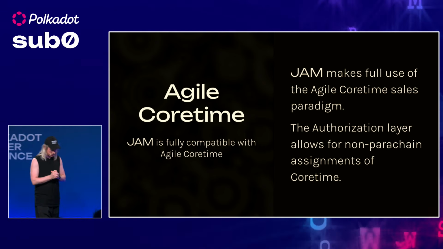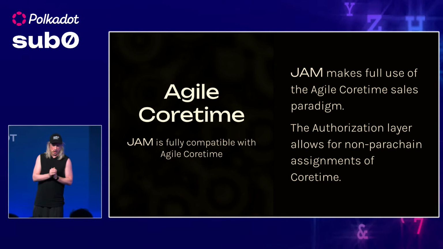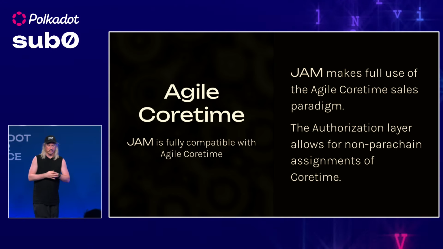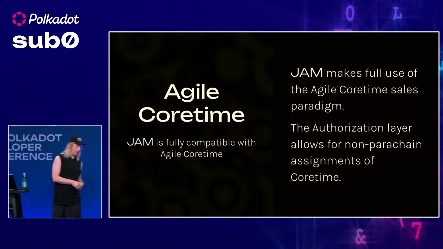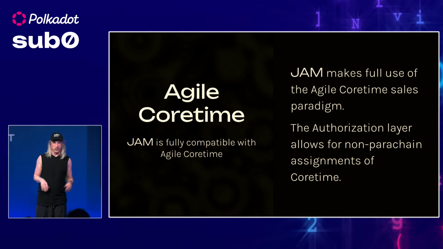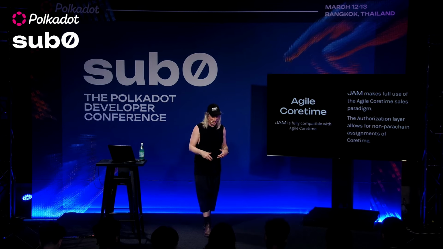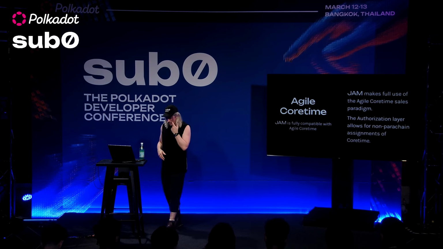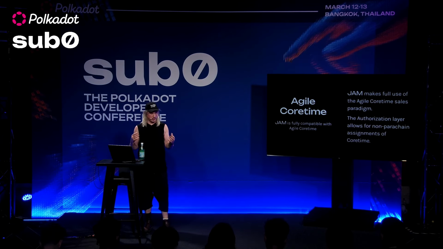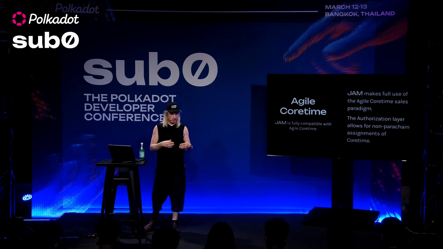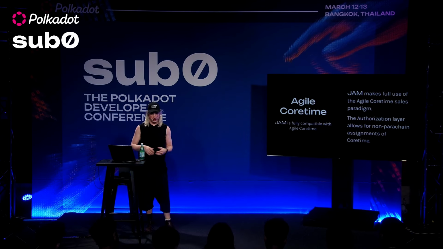That will have to be the subject of a future talk. It has an entire layer that handles authorization. I say an entire layer, it's like 3 equations, but it's a small section of design specifically on this authorization system that enables very agile authorizations to go along with the Agile core time.